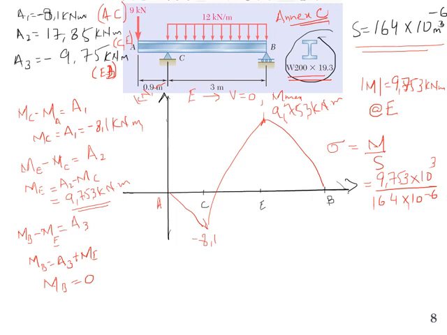When we calculate, sigma max is 59.5 times 10 to the power 6 Newton per meter square, or we can write 59.5 megapascal.